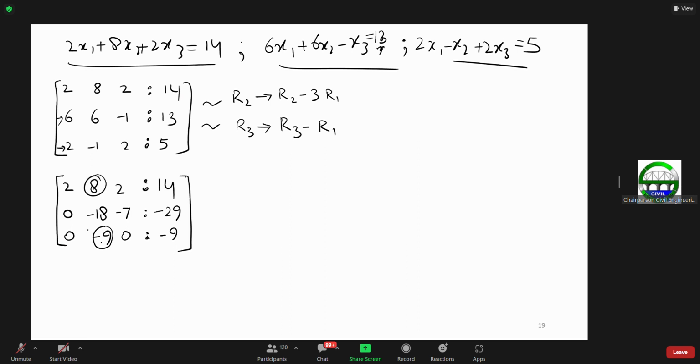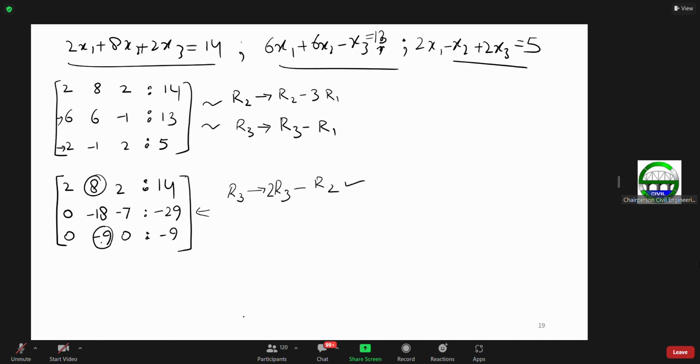I want to make this one and this one equal to 0 using this row. Since this one is minus, I will use 2R3 minus R2. Yes, correct.